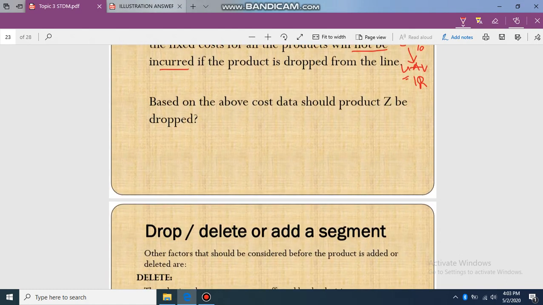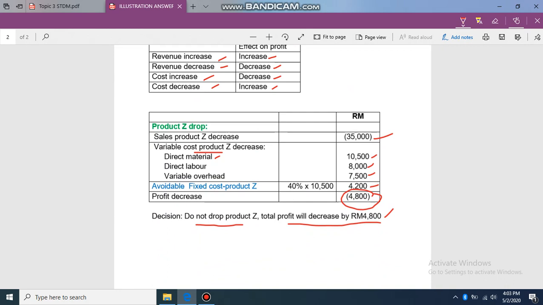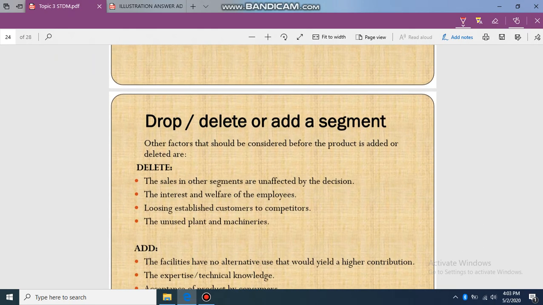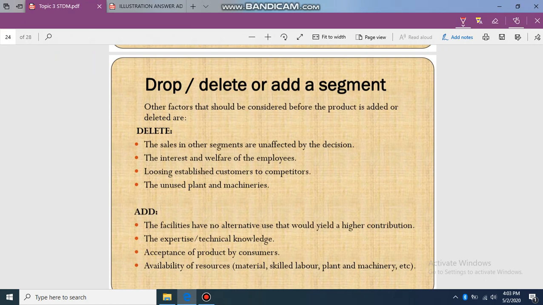So you have to record here the effect on product X and product Y. Sales increase in X, how much? Sales increase in Y, how much? What is the effect on variable cost? It depends on the information given. Okay, so we finish the illustration for drop or add a segment, using alternative 1 and alternative 2.